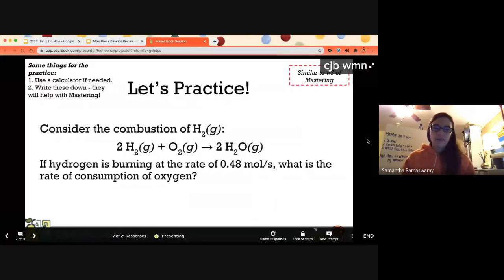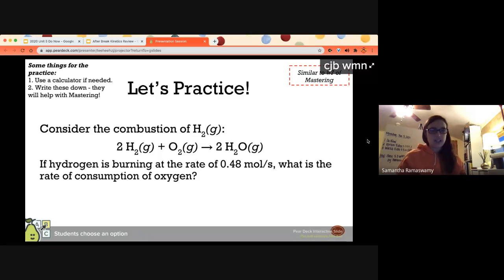So you have the balanced equation. If hydrogen is burning, so H2's rate is 0.48 moles per second, what is the rate of consumption of oxygen?